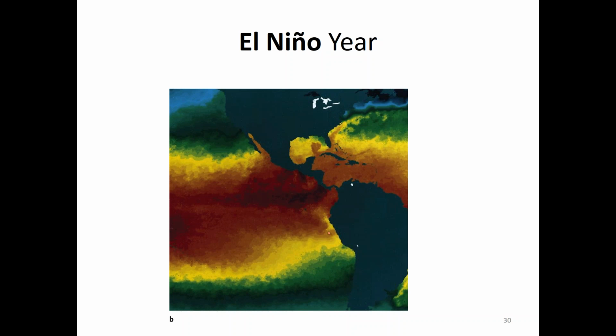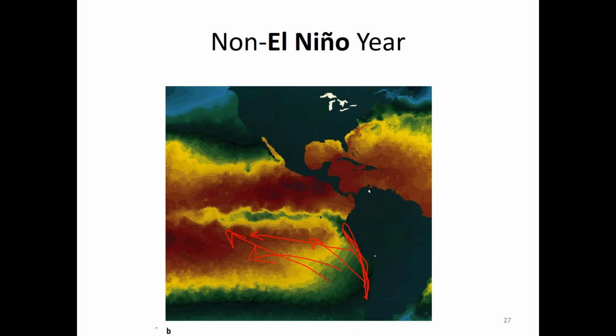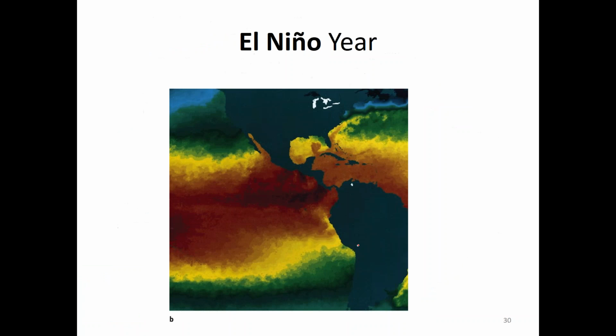Notice the difference between this image, that's El Nino, and this image, which is not an El Nino. See all those cold water coming up? That's all shut off because now you have all this warm water moving this way. And so the Peruvian fishermen, they're usually used to fishing in these cold waters coming from this upwelling, and all that wind, not very pleasant.